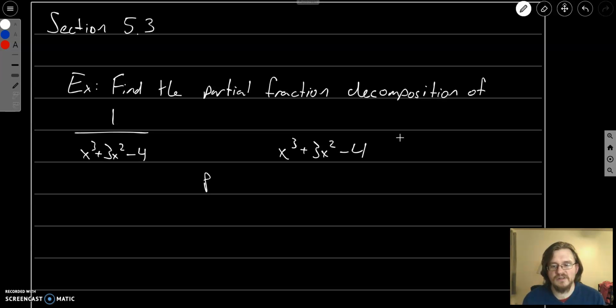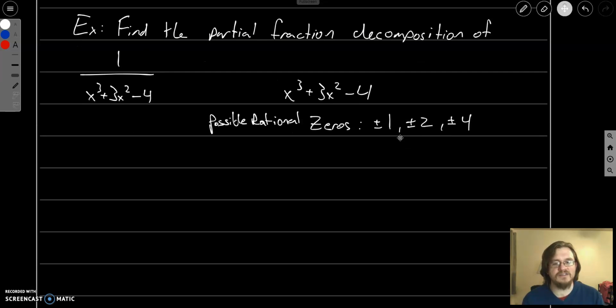So the possible rational zeros are going to be the factors of -4 divided by the factors of 1. So they could be plus or minus 1, plus or minus 2, or plus or minus 4. So let's just plug in these in order to try to find a zero.